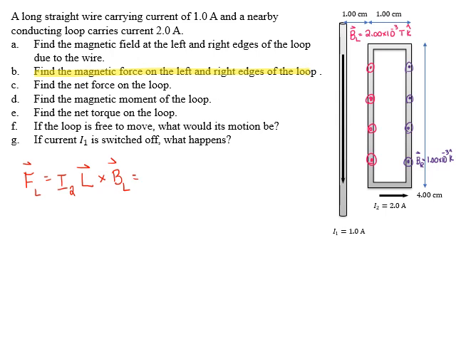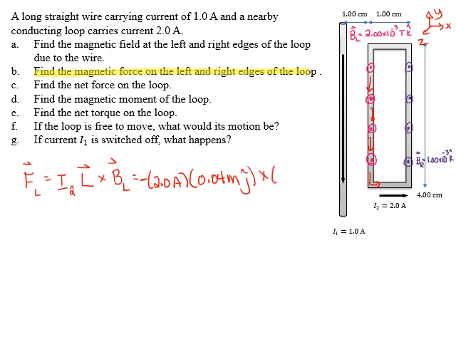So I2 is the current through that loop. It's moving downwards, and it has a magnitude of 2 amps. The length is shown in the picture as 4 centimeters, 0.04 meters. The direction is down. That's the negative y direction, so negative j hat. I'll just pop my negative right in front there. J hat.